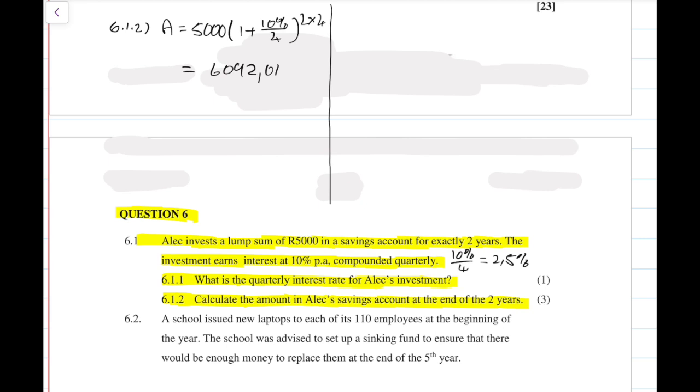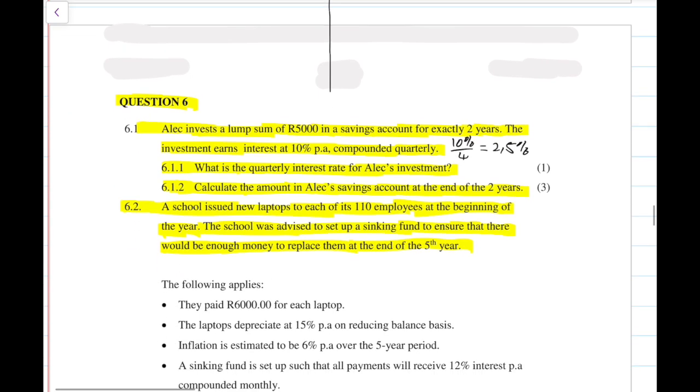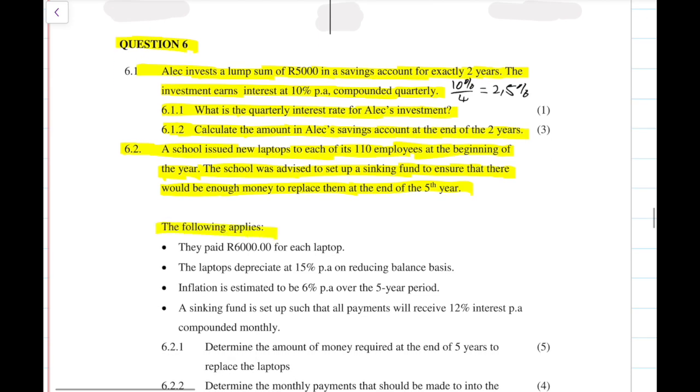6.2, it says a school issued new laptops to each of its 110 employees at the beginning of the year. The school was advised to set up a sinking fund to ensure that there would be enough money to replace them at the end of the 5th year. The following applies. They paid 6,000 for each laptop.